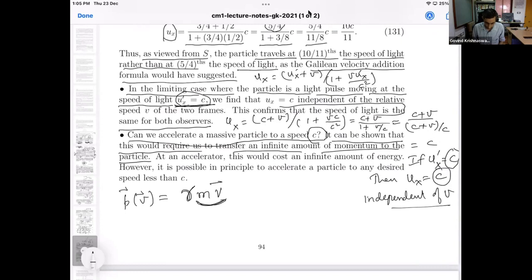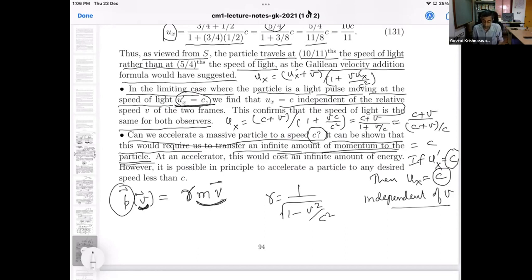In special relativity, it is corrected by this gamma factor. And gamma is 1 upon square root of 1 minus v squared by c squared. If you want the speed to approach the speed of light, v going to c, then gamma would go to infinity and the momentum would have to be made infinite. And to impart an infinite amount of momentum to a particle, you would have to supply it with an infinite amount of energy as well, in a particle accelerator, for instance.